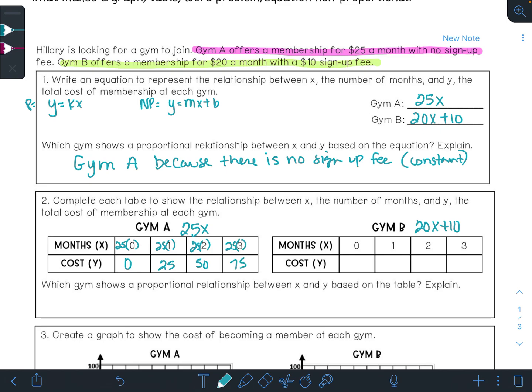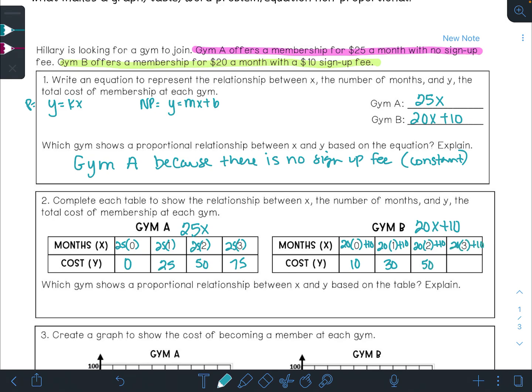For Gym B, I would be doing 20 times 0 plus 10. So 20 times 0 would be 0, but plus 10 gives me 10. 20 times 1 plus 10 would be 30. 20 times 2 plus 10 would be 50.